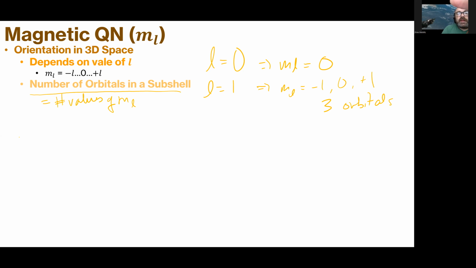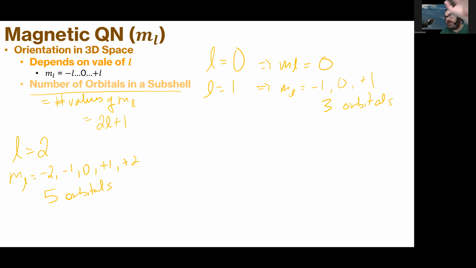Now, if L equals 2, then that would mean that m sub L is -2, -1, 0, +1, or +2. So this means that there's 5 orbitals there. Notice a pattern here too, that the number of orbitals in a subshell is equal to 2 times L plus 1, right?